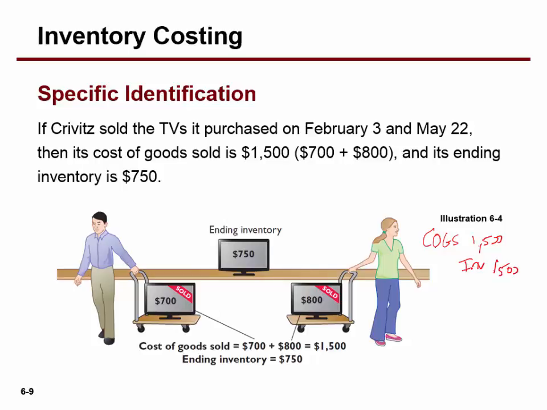Right? Okay. And of course, sitting still up in ending inventory, the assumption here is that we would have had originally a balance of, what's 750 plus 1,500 is what? 2,250. So we would have started with a balance of 2,250.